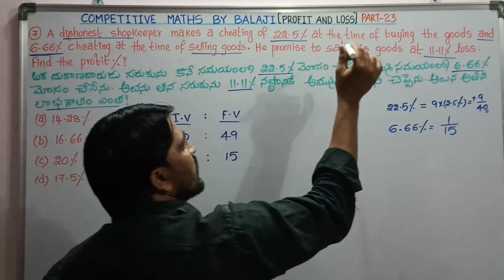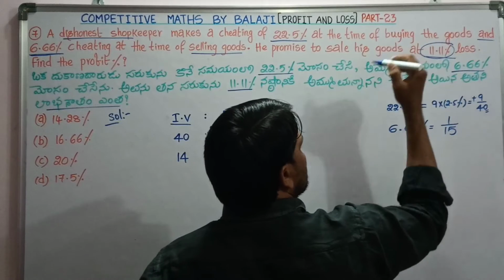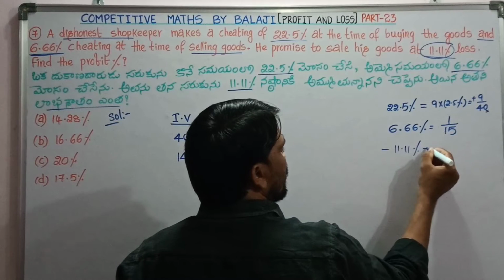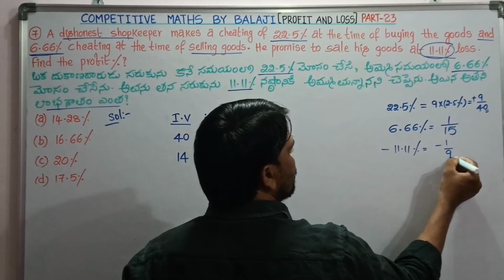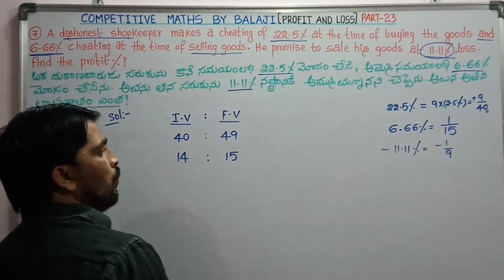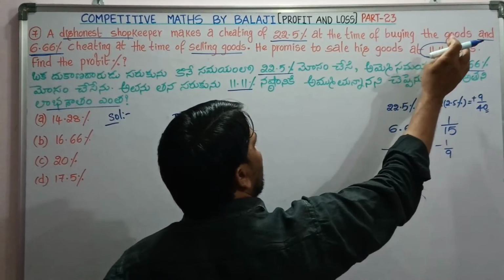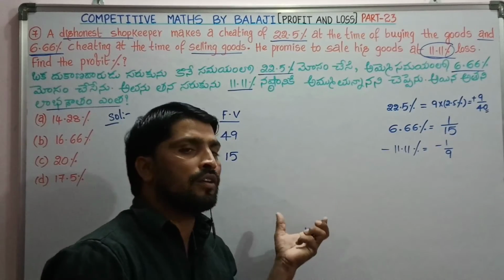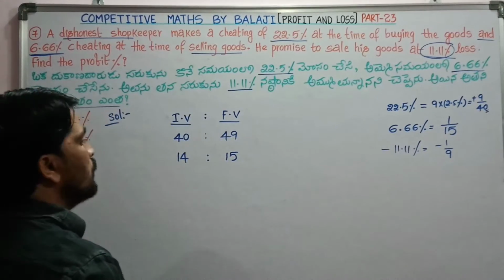And he promised to sell his goods at 11.11% loss. That is 11.11%, the fraction value is minus 1 by 9. And we know that profit or loss or markup or discount is always expressed in terms of ratio.